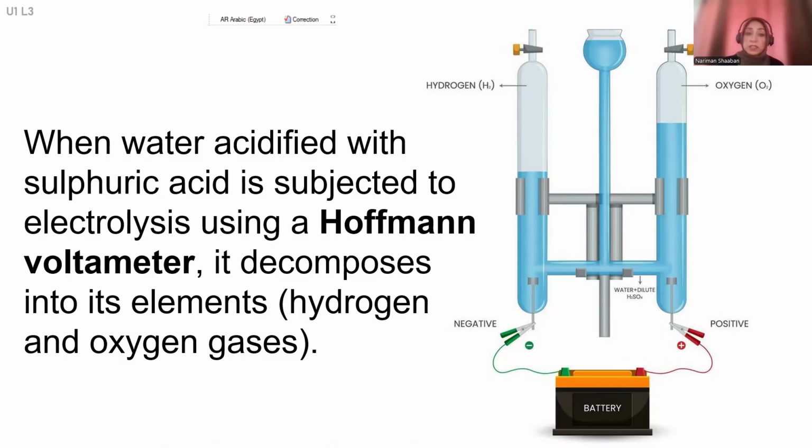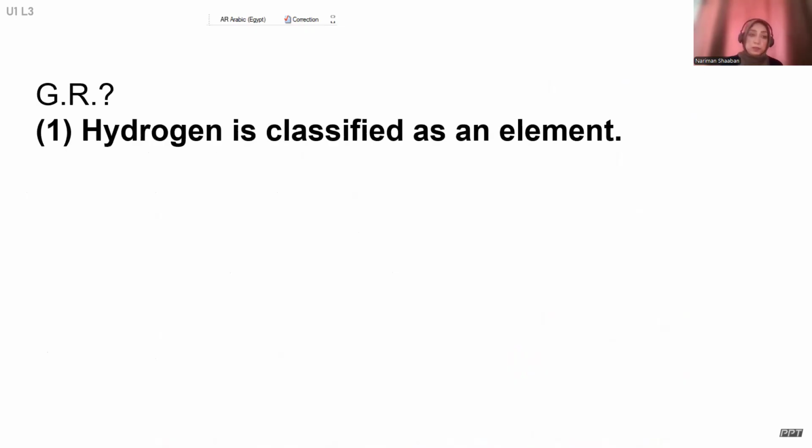So we can separate the water components by electrolysis. When water acidified with sulfuric acid is subjected to electrolysis using a Hofmann voltameter, it decomposes, separating into its elements, hydrogen and oxygen gas. Okay, so let's move on to these questions.